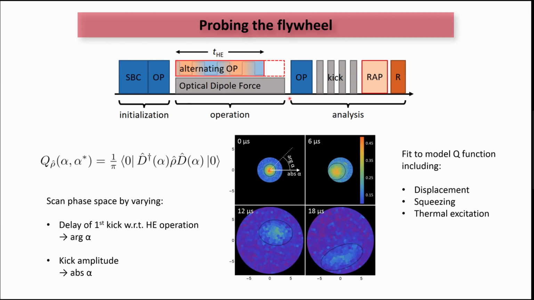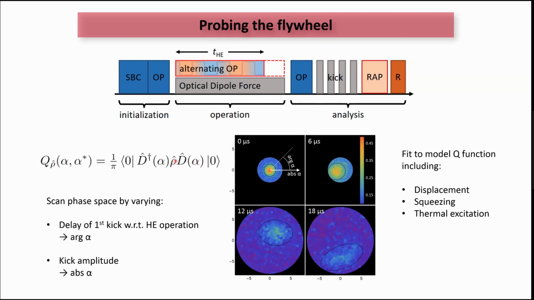So how does this work? We again initialize the spin, then we perform a sequence of electrical kicks, which introduces a controlled displacement. And then finally, without going into detail, we can read out the remaining population in the ground state of the harmonic oscillator. So the quantity we obtain in the end is this one.